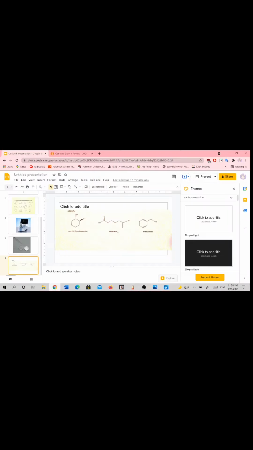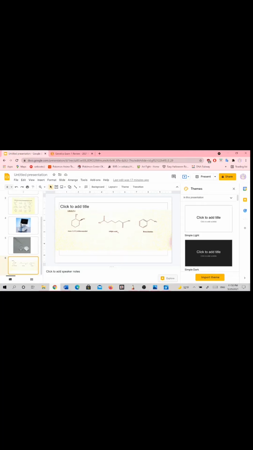So let's take another look at our graph and compare that to the samples that our compound could potentially be. There's really only one answer here, especially with that 1,600 peak, which lets us know that we have an aromatic compound, and only one of the three options listed has that, which is the benzylamine.